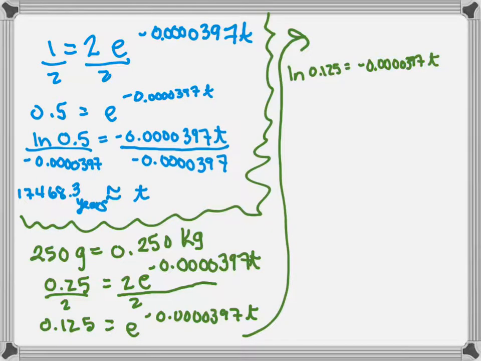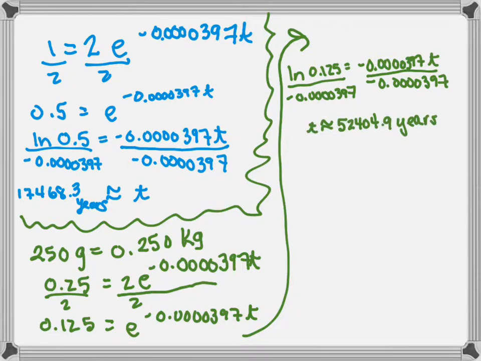Rewriting this in log form, the natural log of 0.125 equals negative 0.0000397 t. Dividing both sides by negative 0.0000397 yields that t is approximately equal to 52,404.9 years. So it will take that long for half of the substance to decay.